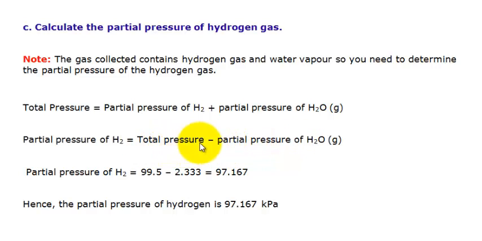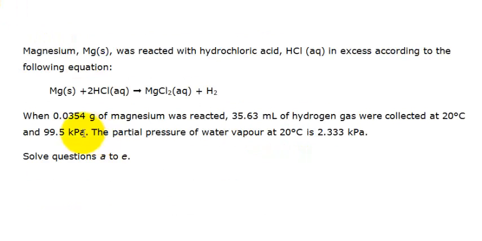Now both the total pressure and the partial pressure of water vapor are given in the question. The total pressure is 99.5 kilopascals and the partial pressure of water vapor is 2.333 kilopascals.